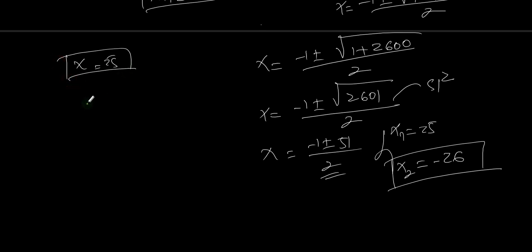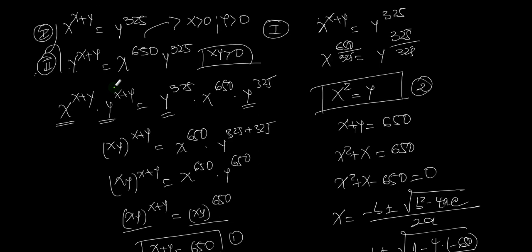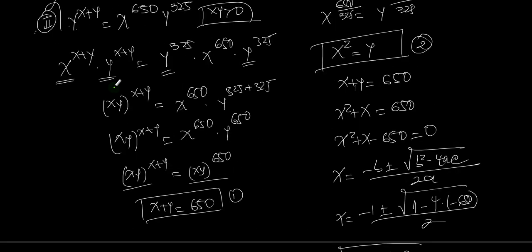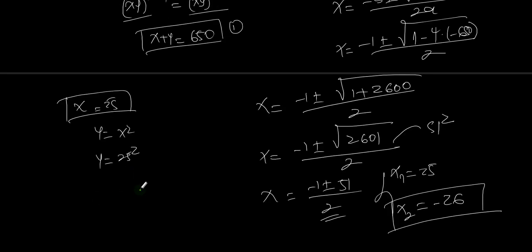If x is equal to 25, let's find the value of y. We have y equal to x squared, so y is equal to 25 squared, and 25 squared is 625. This is the value of y and this is the value of x.